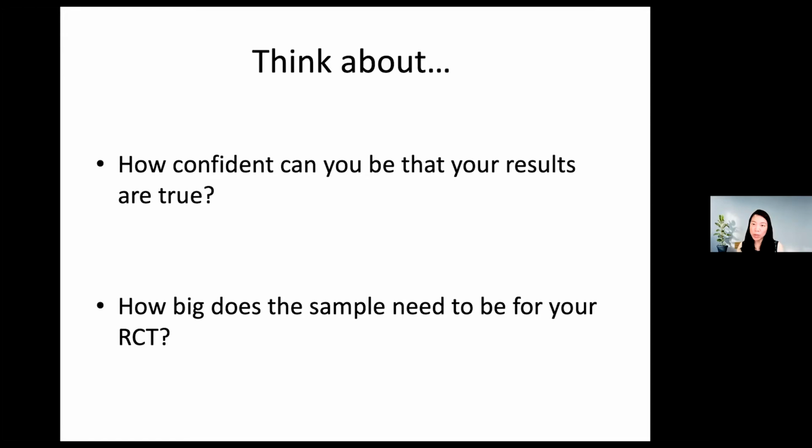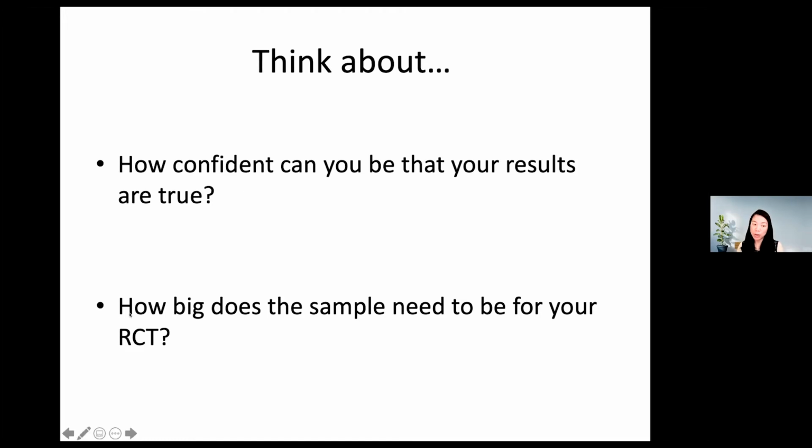When we run an experiment, we get a measure of the average treatment score, and we also get an average measure of the control score. So how do we know that our results are true, right? How do we know that we're confident with the impact we measured?